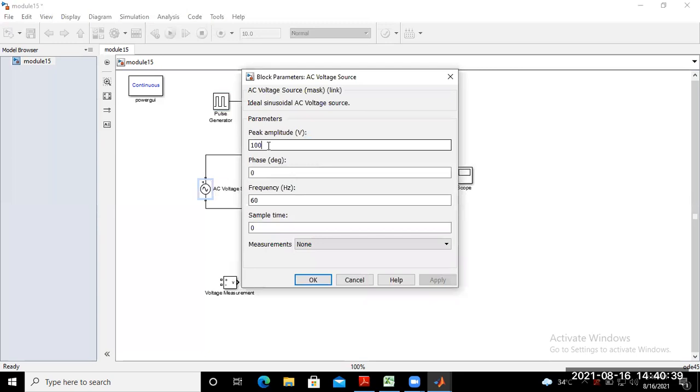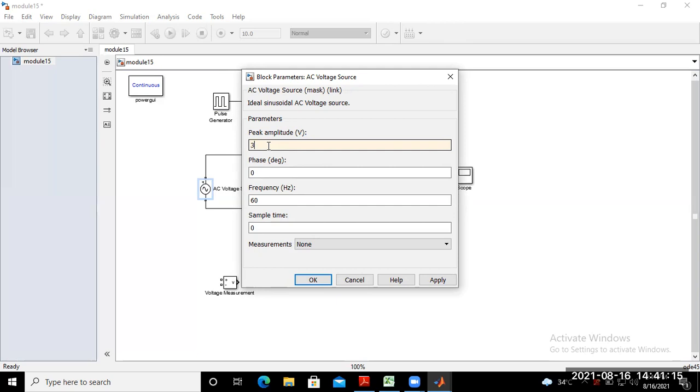So if you multiply by √2, then you will get the value of maximum amplitude Vm. That means 230 into root 2, that means 1.41, that means 324.3 is the maximum value for a single phase supply.